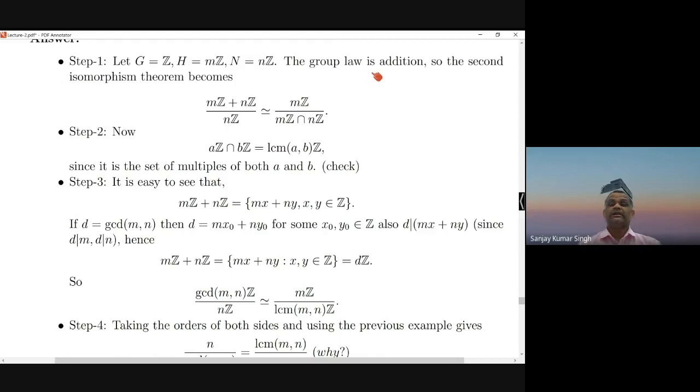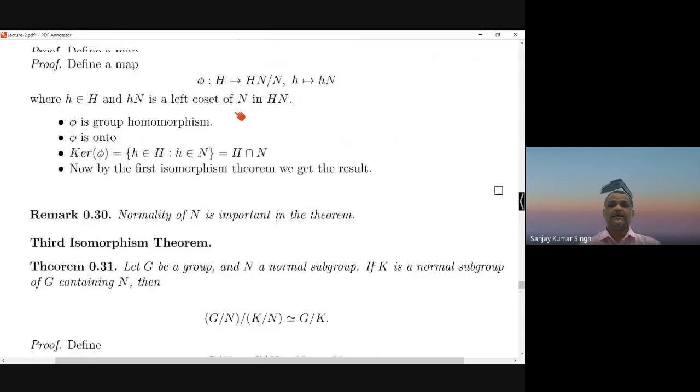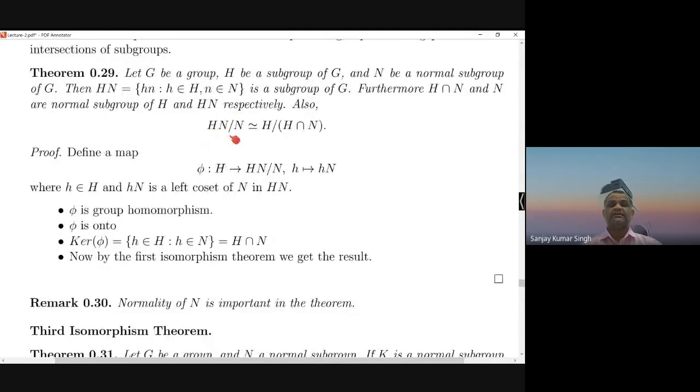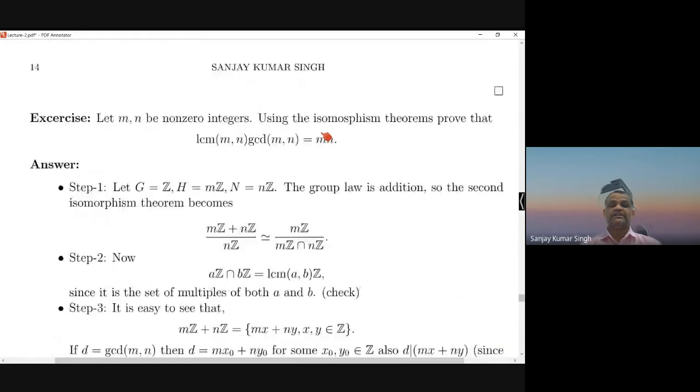With respect to the addition operation, I am applying the second isomorphism theorem, and I can write it like this. What does the second isomorphism theorem say? HN divided by N is isomorphic to H quotient with H intersection N. So what is HN here?